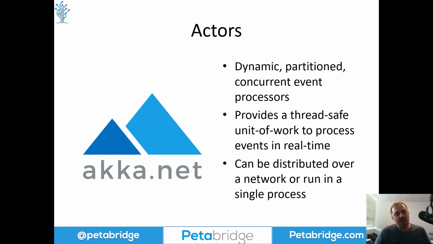Now, on top of that, the actors also give us a very reliable unit of work pattern to process events in real time. We can do things like have this actor change its state while it's processing those events. And as our domain gets more complex, we could introduce new behaviors, or even new actors we can delegate work to, without having to bring the system down.